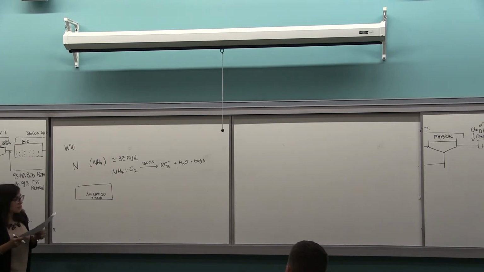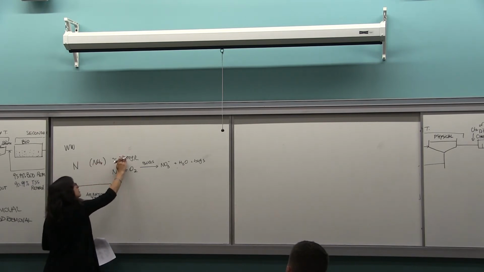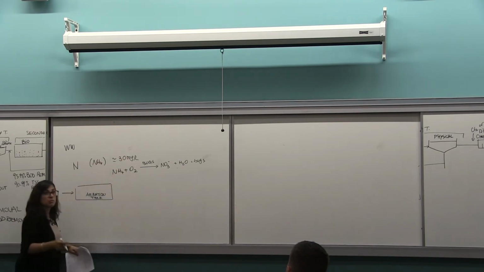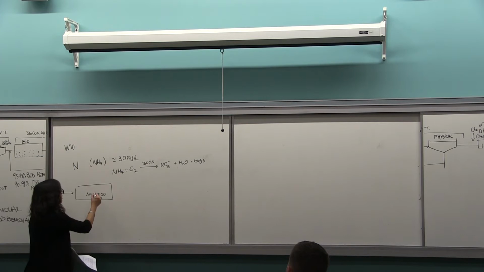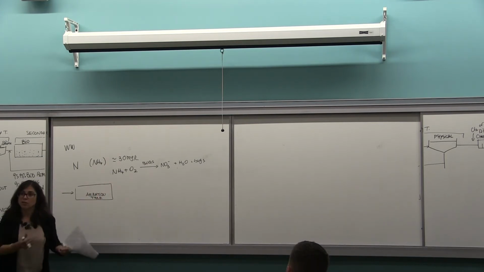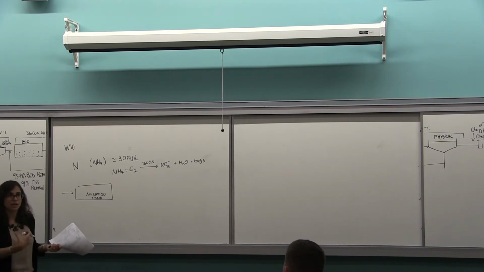So when it says fully nitrified influent, it means that I had 30 milligrams of ammonia coming in. The ammonia has been oxidized into nitrate. I have 25 because 5 went to build up bugs, right? Some of the nitrogen is part of the bugs themselves.